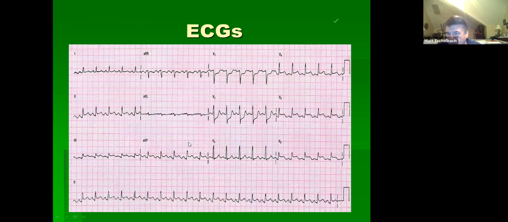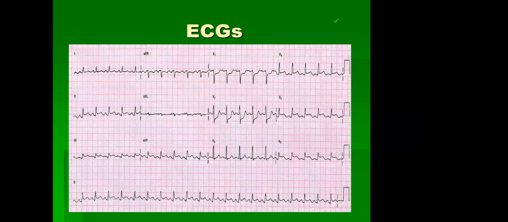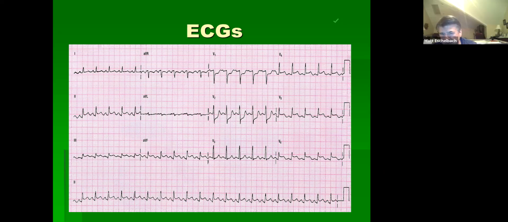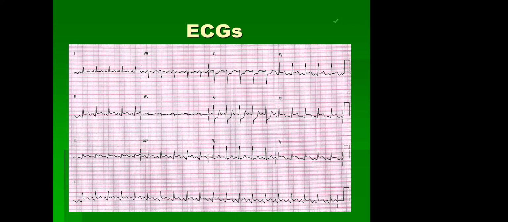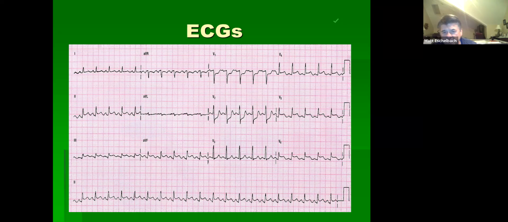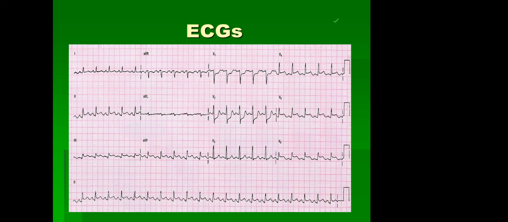All right, Ray, what do you see? So 1 looks pretty normal. AVL, I think that looks pretty normal too. V5 and V6, maybe some slight ST elevation. Good. What do we see in 2, 3, and AVF?